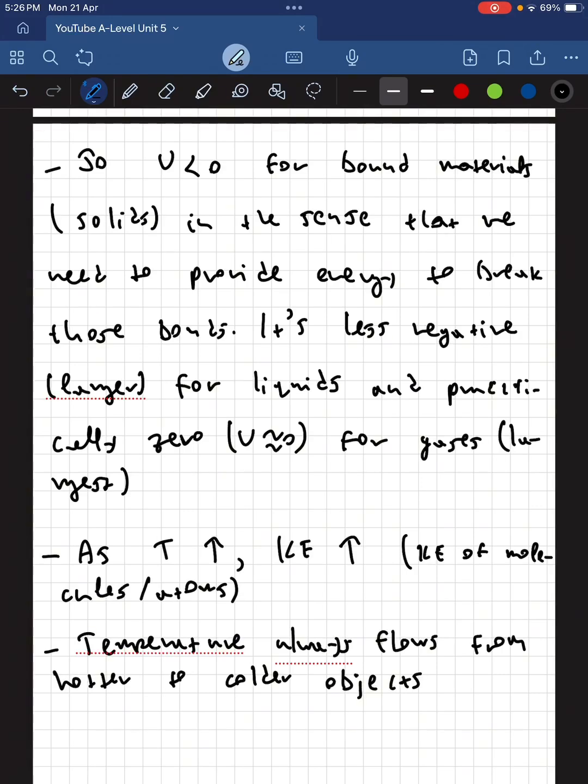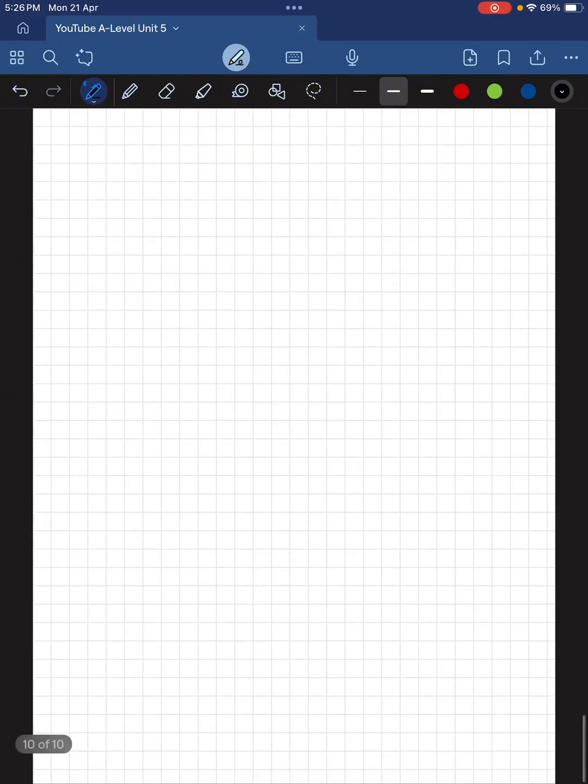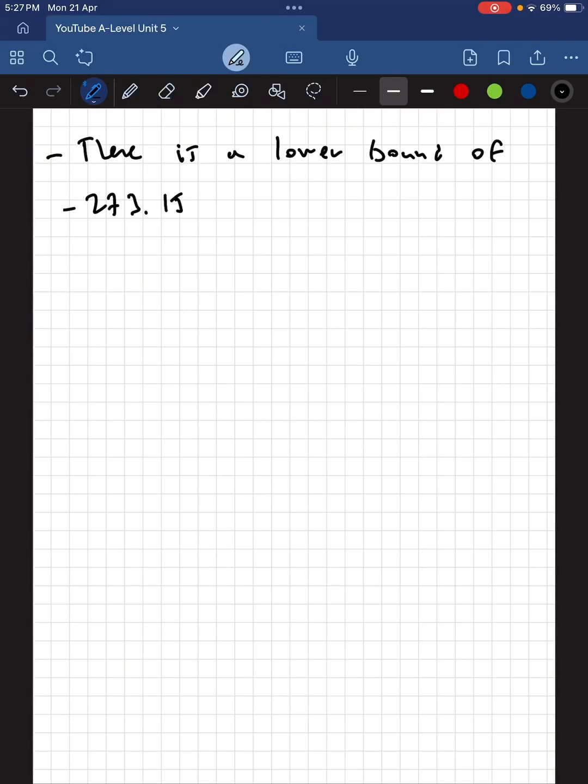This is sometimes called the zeroth law of thermodynamics. Another thing we need to define is that there is a lower bound of minus 273.15 degrees Celsius, also known as 0 degrees Kelvin, for temperature.